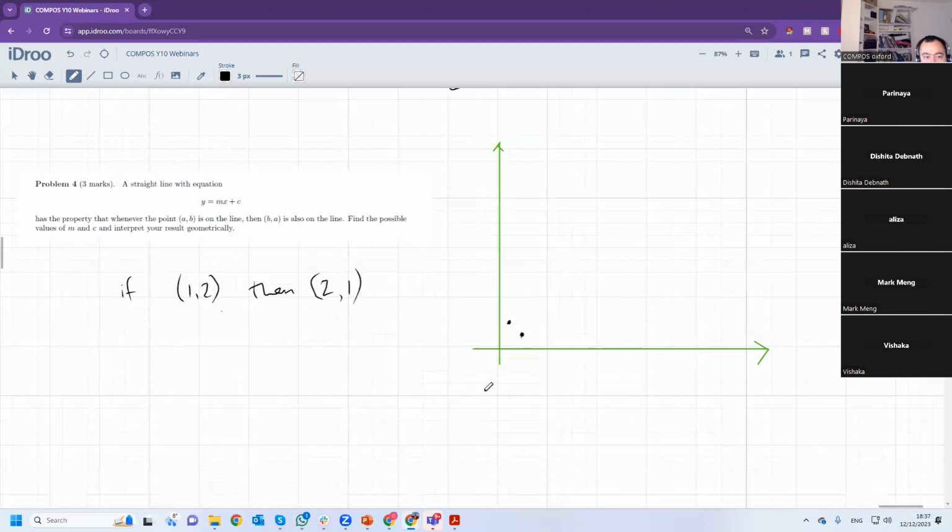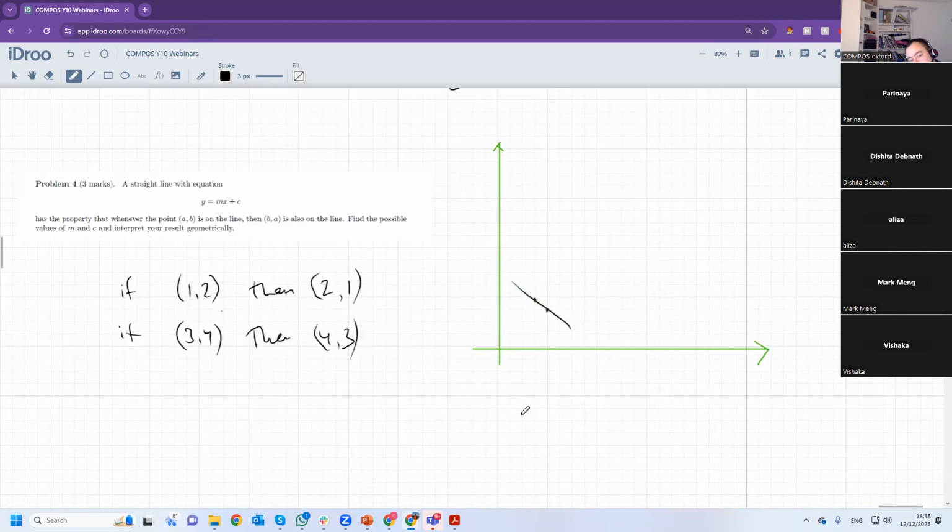What line could that be? Does that make sense? If (3, 4) is on the line, then (4, 3) is also on the line.